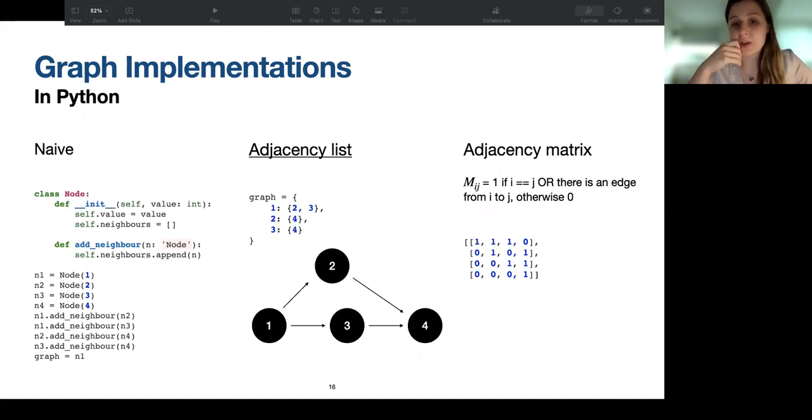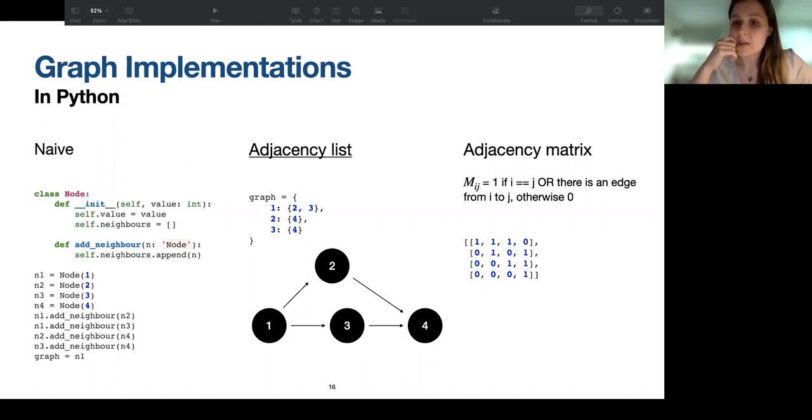So in order to build an adjacency matrix, you initialize a matrix with n rows and n columns, where n is the number of vertices in your graph. And each element of this matrix is either 0 or 1.